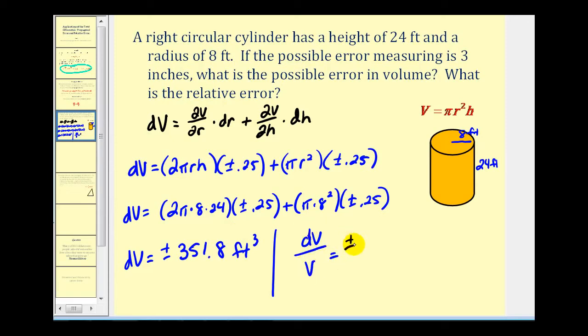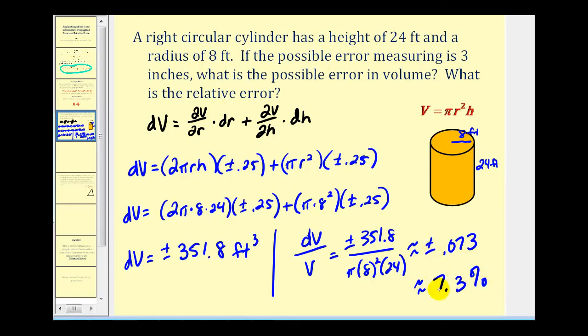So we'd have plus or minus 351.8 divided by the true volume, if there was no error, would be pi r squared h. So we'd have pi times 8 squared times 24. This will give us a decimal. It's going to be approximately plus or minus 0.073, which means our approximate relative error is going to be plus or minus 7.3%.